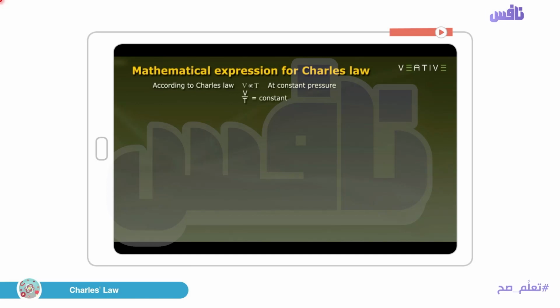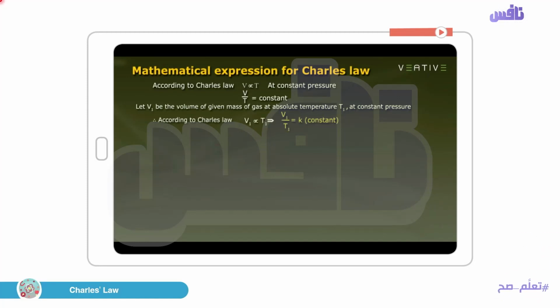We can say that V1 over T1 equals V2 over T2. As you see, V1 is directly proportional to T1 and also V2 is directly proportional to T2.